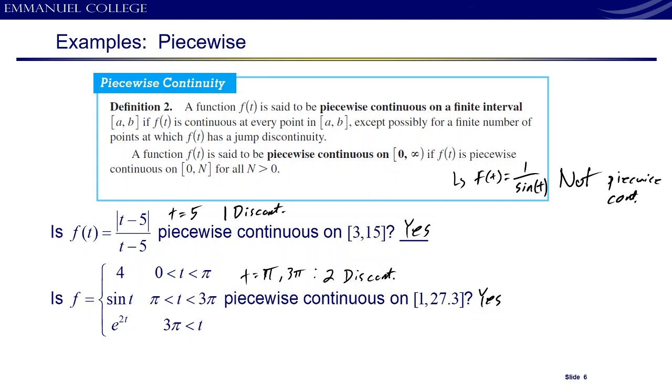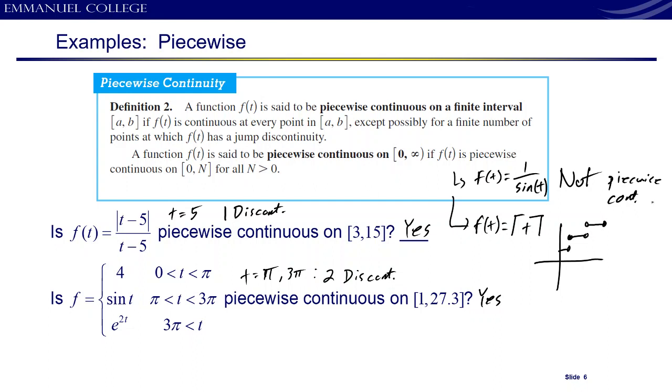Versus if you were to take, say, the ceiling function, which, remember, just takes whatever the value is and rounds it up to the nearest integer. This is going to look like 1, 2, 3, and you get the idea.